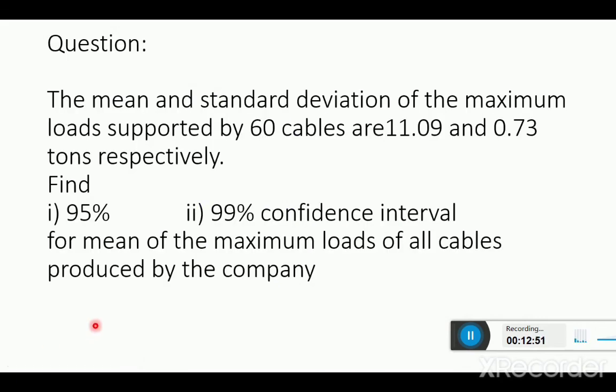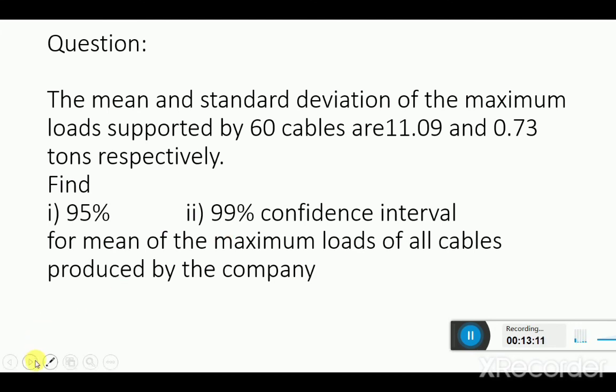What was the question? The mean and standard deviation of the maximum loads supported by 60 cables are 11.09 and 0.73 tons respectively. Find 95% confidence and 99% confidence intervals.